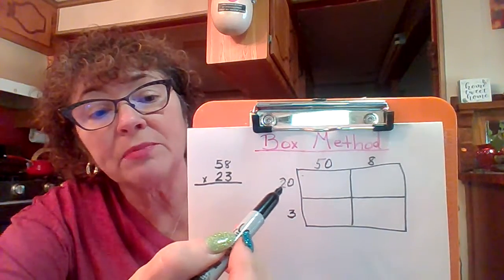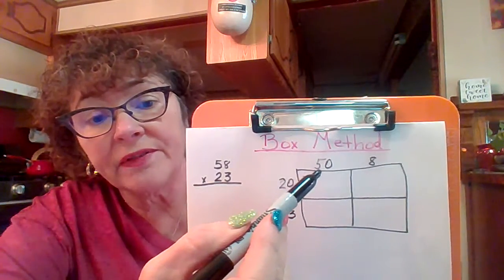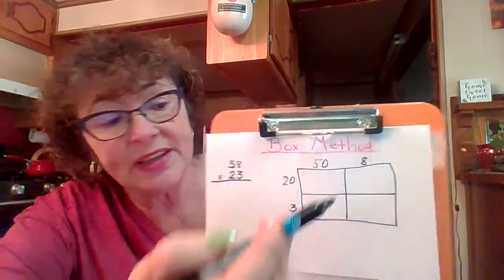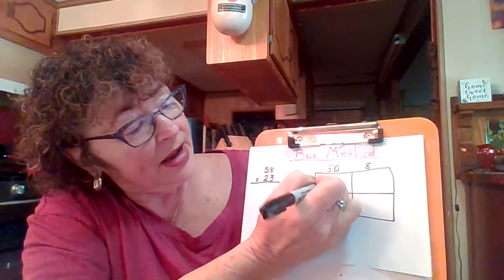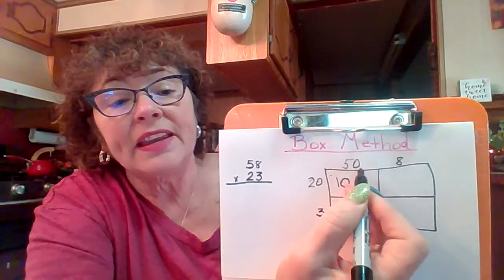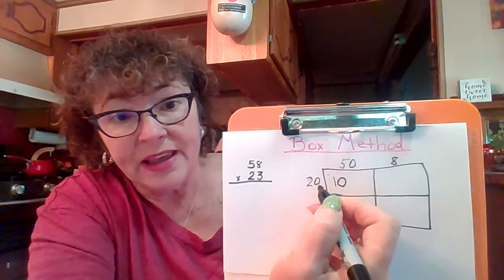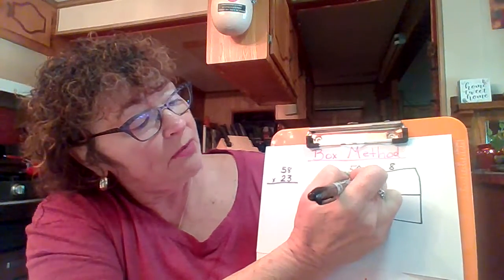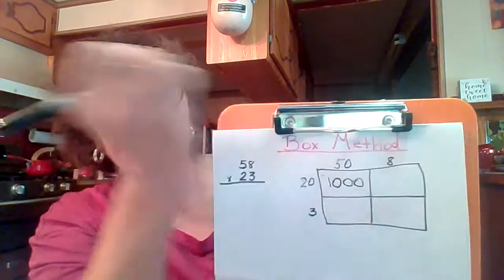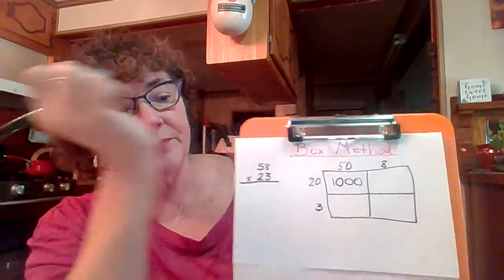All I want to multiply are the 2 and the 5, because I know that 5 times 2 is 10, right? It's 10. And then we take that 0 and that 0 and tag them on the end. So we've got 1,000 for the first one.